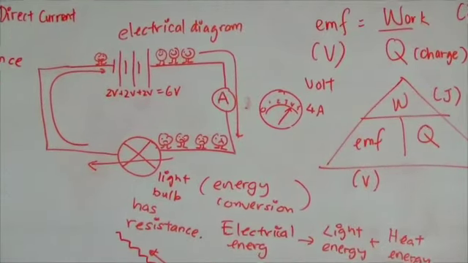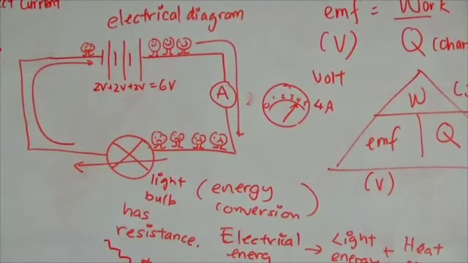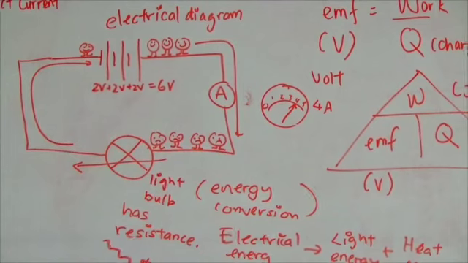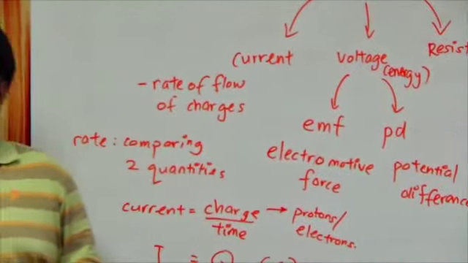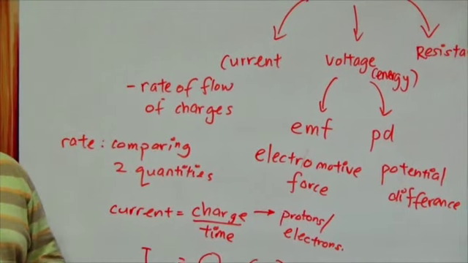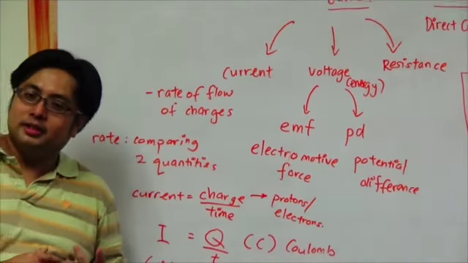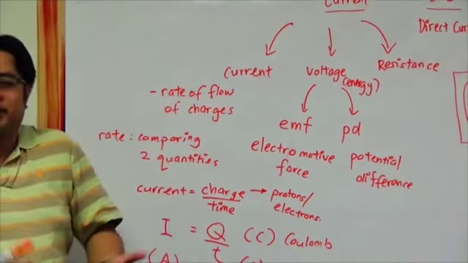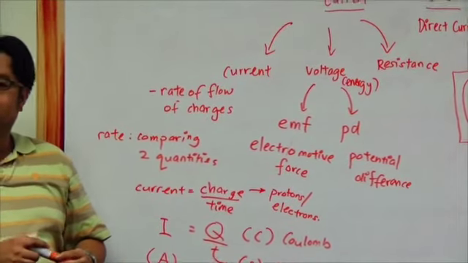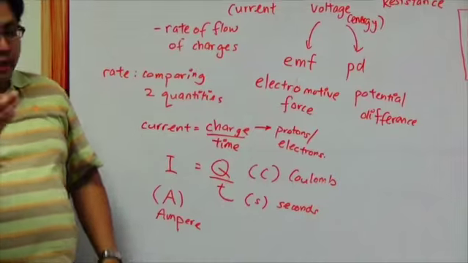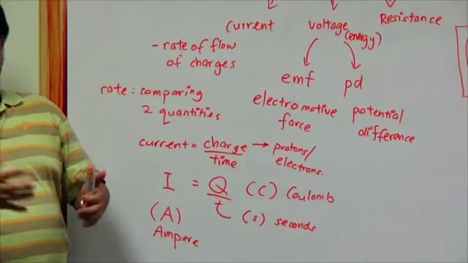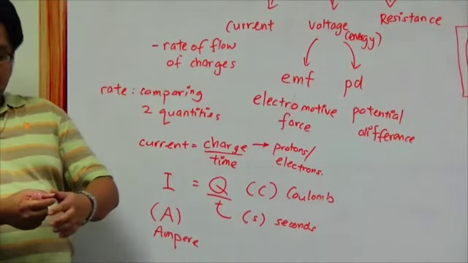Yes, Joshua. What's the ampere? Ampere is a unit used to define current. Have you learned any units before? Kg. Do you know what's kg? Kilogram. What is kilogram used for? Measuring the weight. Correct. You use a unit to represent mass, so we say kilogram. How about length?